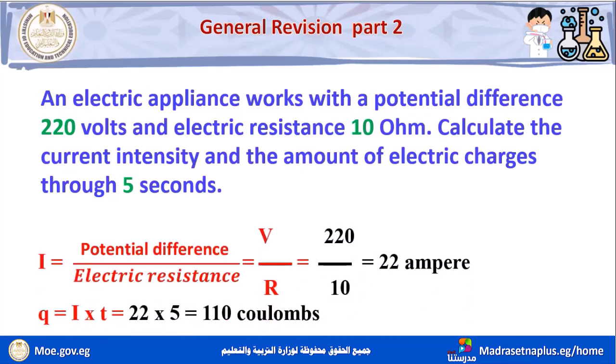Electric current intensity I equals potential difference V divided by electric resistance R, equals 220 divided by 10, equals 22 ampere. Amount of electric charge Q equals current intensity I times time T, equals 22 times 5, equals 110 coulomb.